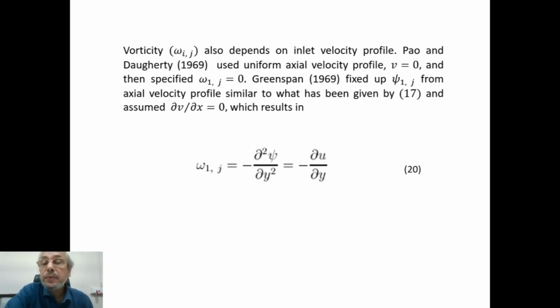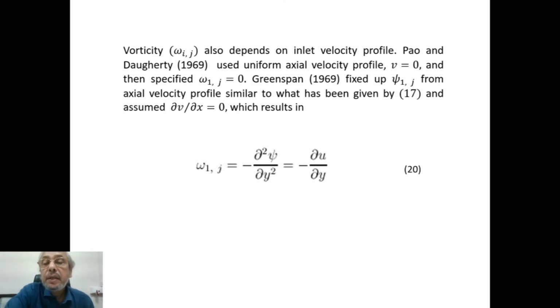That means u equal to u∞, v equal to 0, and then specified omega(1, j) equal to 0. So on the inlet plane, they prescribed initial omega and also as boundary condition omega as 0.